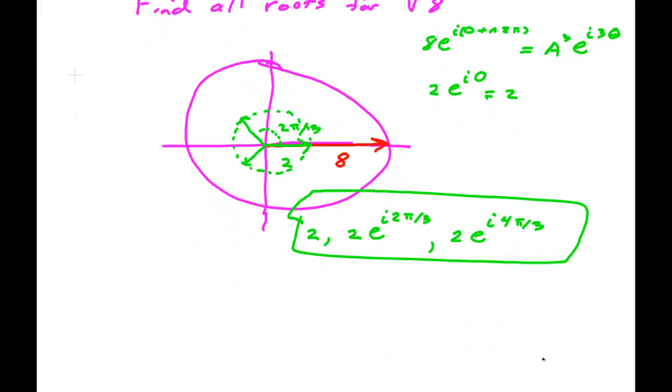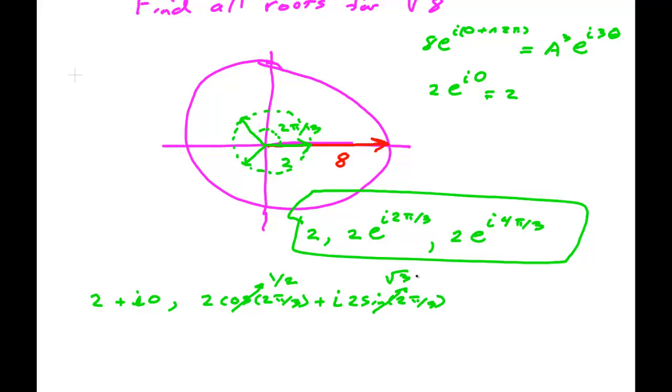Now, you can write that in terms of sines and cosines if you like. The first one is 2 plus no imaginary part. The second one, however, is 2 cosine 2 pi over 3 plus I times 2 sine of 2 pi over 3. Well, now this happens to be 1/2, and this happens to be the square root of 3 over 2.